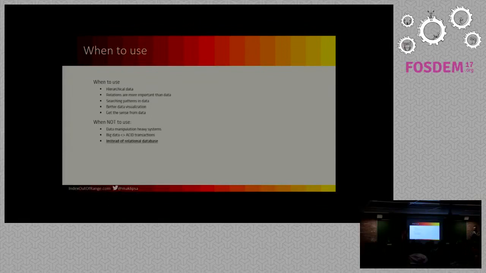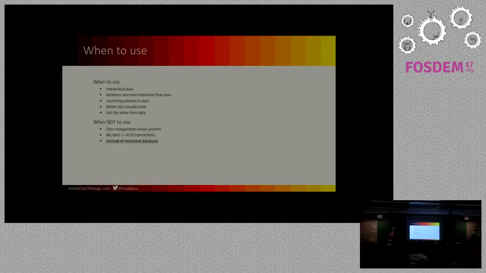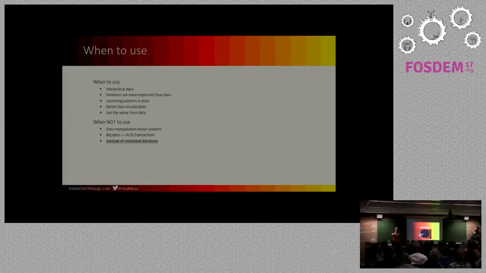Relational databases aren't either, but during those 50 years we were able to make relational databases good at almost anything, but not super good at anything. So, questions, and I will wrap up.